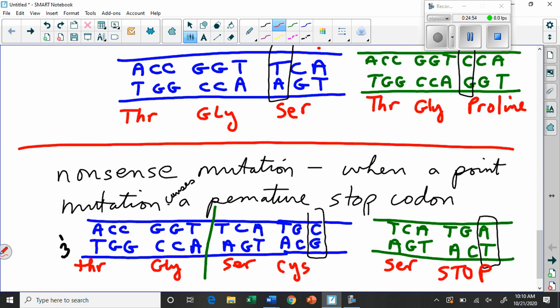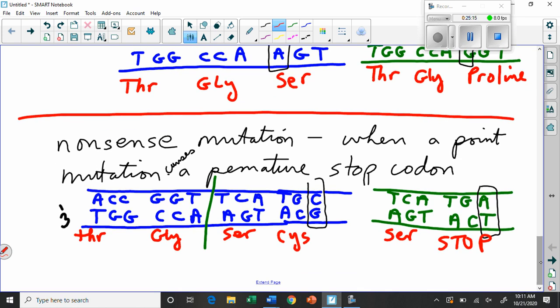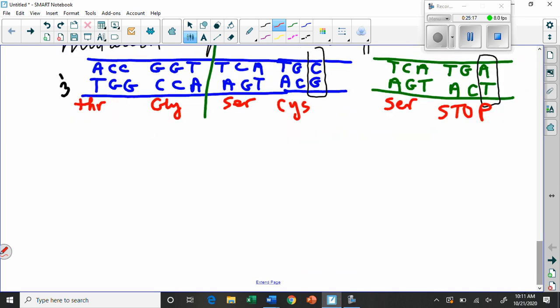And that would mean the protein is nowhere near what it's supposed to be. So this is far more serious. It could basically mean the protein is completely dysfunctional, right? It's like a third or a quarter or a half of what it should be. So this is the nonsense mutation, and it results in a stop codon instead of a change in the sequence of amino acids.